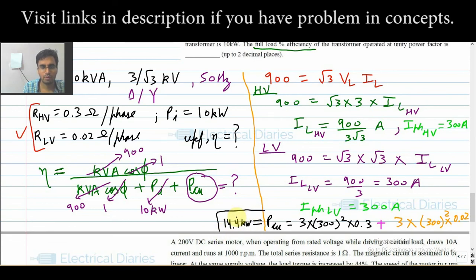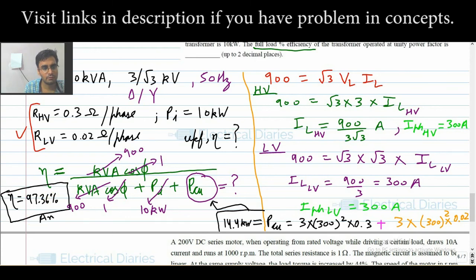Now you just put this value here, and on putting this value your eta will finally come out to be 97.36%.